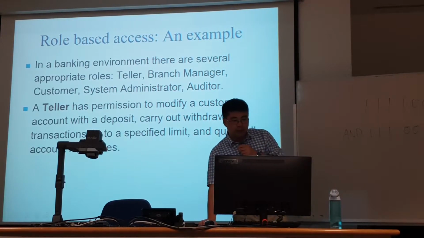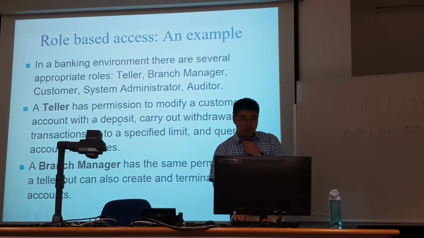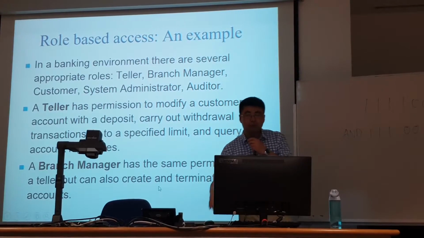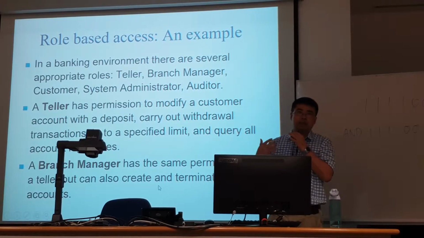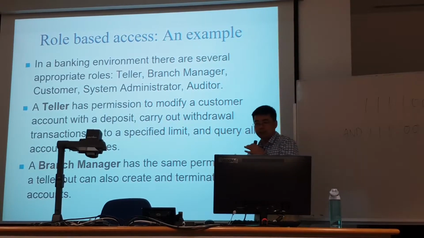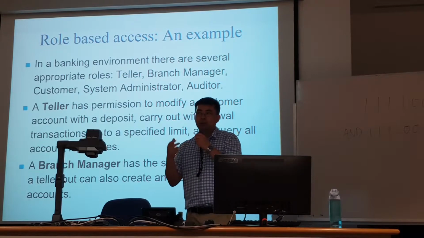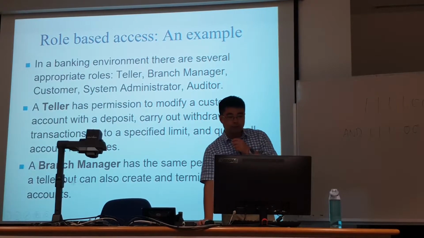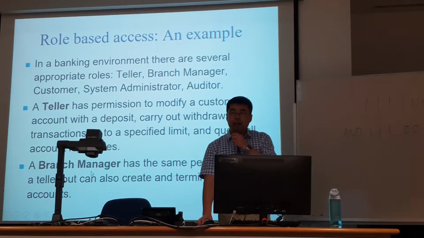In the banking scenario, the teller can have different actions, and here you can see the advantage I mentioned. The manager will have all the permissions of a teller, but may also have some additional permissions. So in this case we have the so-called inheritance. You don't need to repeat all the actions that can be done by the teller for the manager, because the manager will inherit all the permissions of the teller.